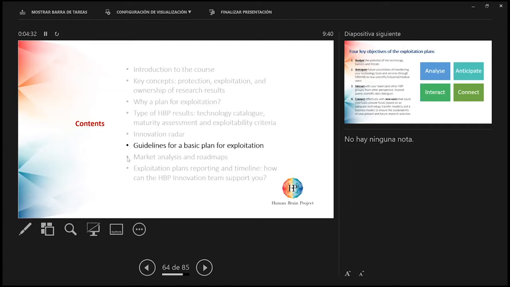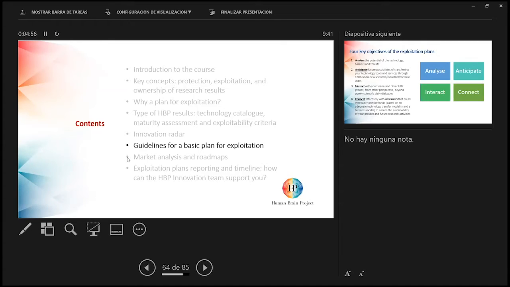And I will finalize this session with a summary of the different services that the innovation team offers you, and that are actually described in one of our last deliverables in work package 8.